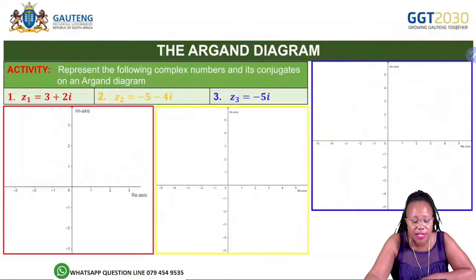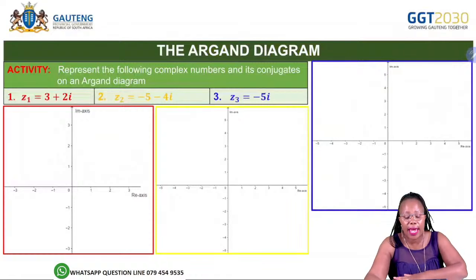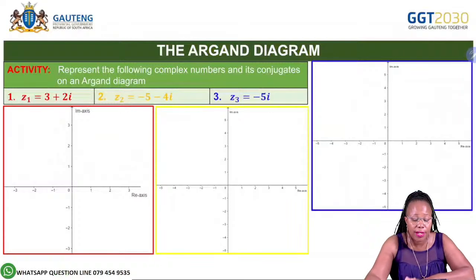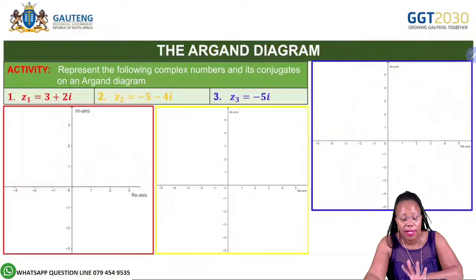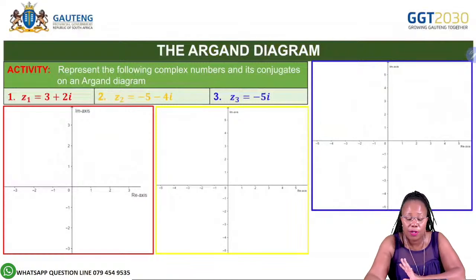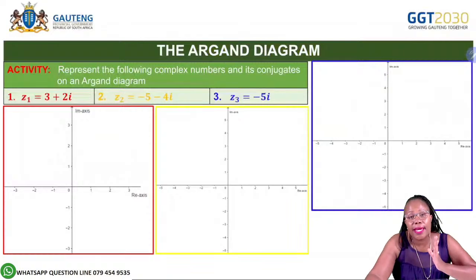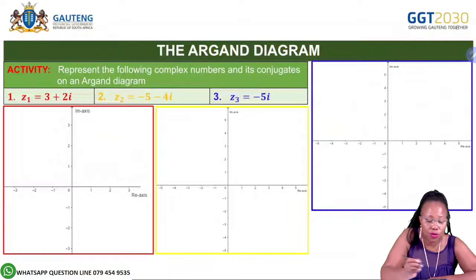Now we are representing the following complex numbers and their conjugates on an Argand diagram. The red diagram will be for number 1, the orange yellowish one for number 2, and the blue one for number 3. Number 1 is 3 plus 2i. So what will be our conjugate, grade 12? 3 minus 2i is the conjugate for this one.